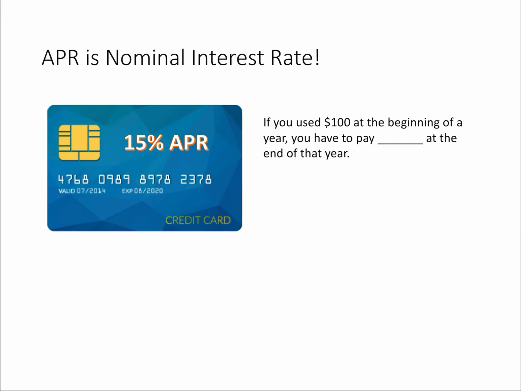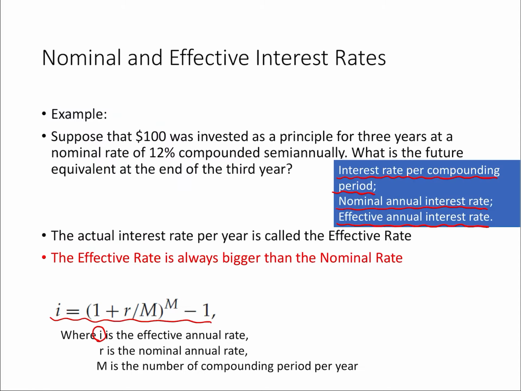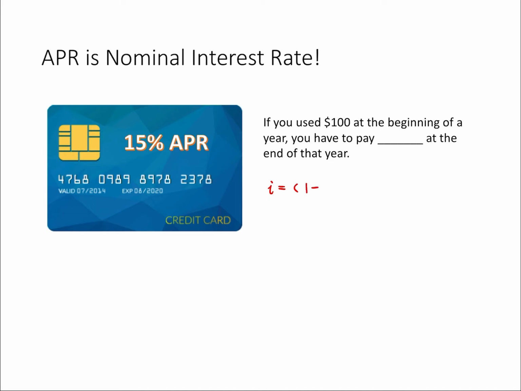So if you do the same example, but you just use the formula, it's more straightforward. The formula says the effective annual interest rate is (1 plus r over m) to the power of m, minus 1.